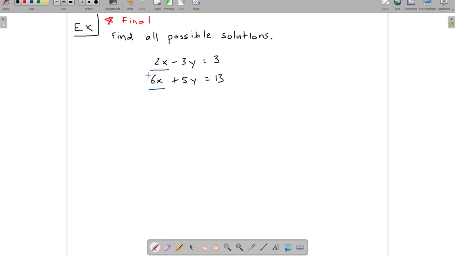So here the x ones are going to be easier. If we looked at the y's, this 5 is not a multiple of 3, so we'd have to multiply both equations to get to the least common multiple. So we're going to want to eliminate the x variable.